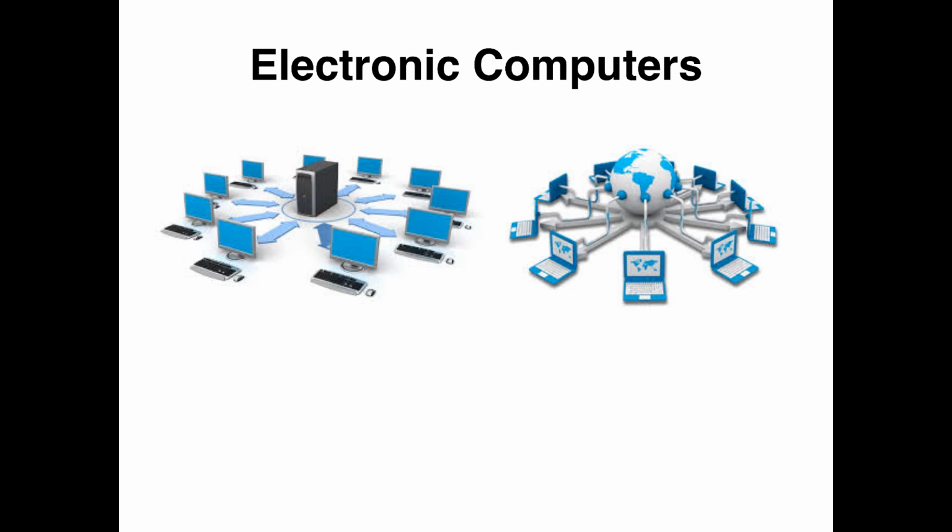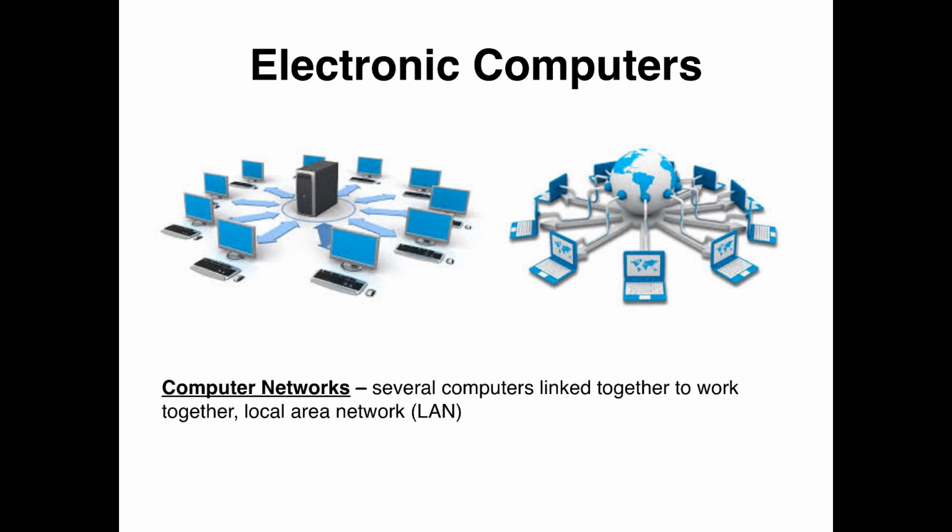Now, this is an example of a network. And computer networks are just linking together several computers. Now they can be local, a LAN, which stands for local area network, or they can be global, which is what the internet is. So worldwide networks of computers are called the internet.